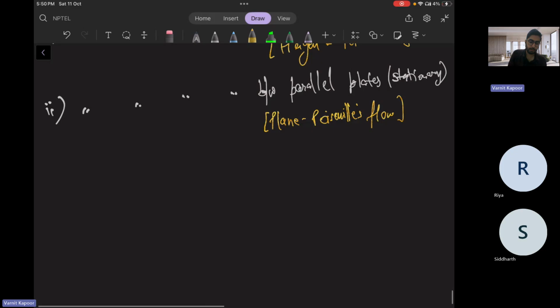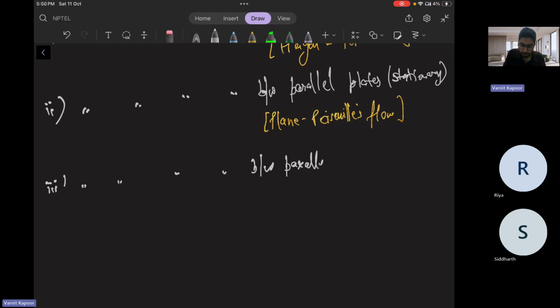Okay, and third is viscous or laminar flow between parallel plates, but one is moving. So relative motion is there. One is stopped, one is moving, or both are moving with some relative motion, different velocities.